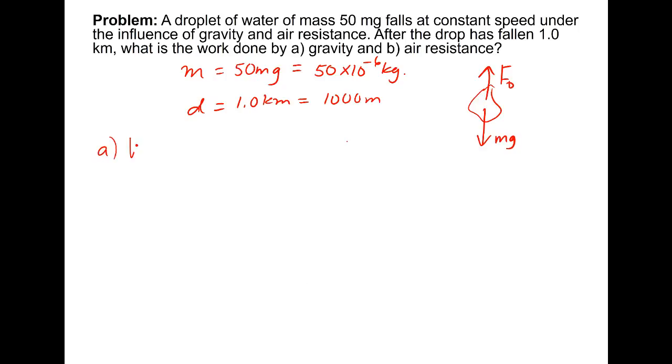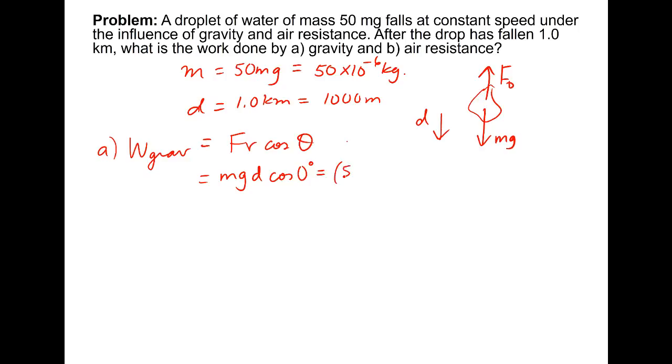The work done by gravity is going to be F r cosine theta, where F is the force of gravity, mg, and theta is the angle between the distance and the force, which in this case is 0. So we're going to have mg times distance times cosine 0 degrees.